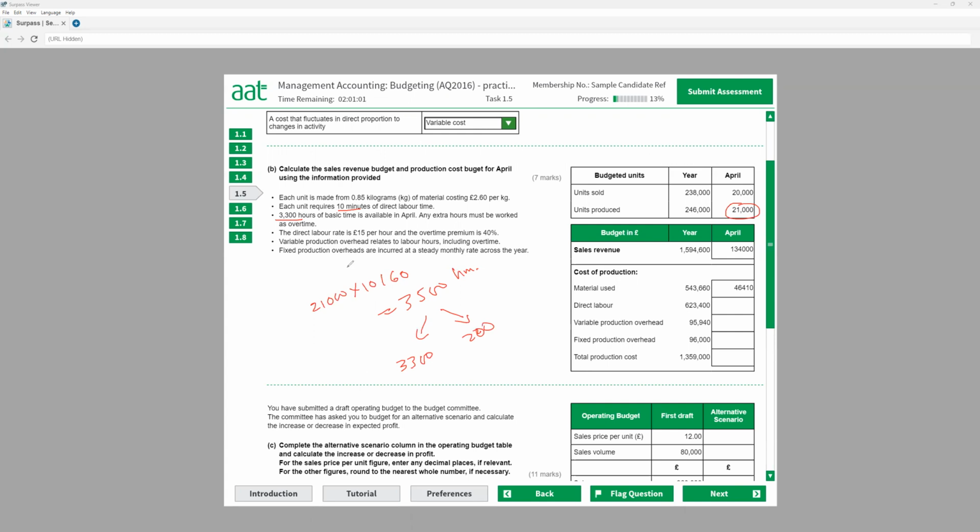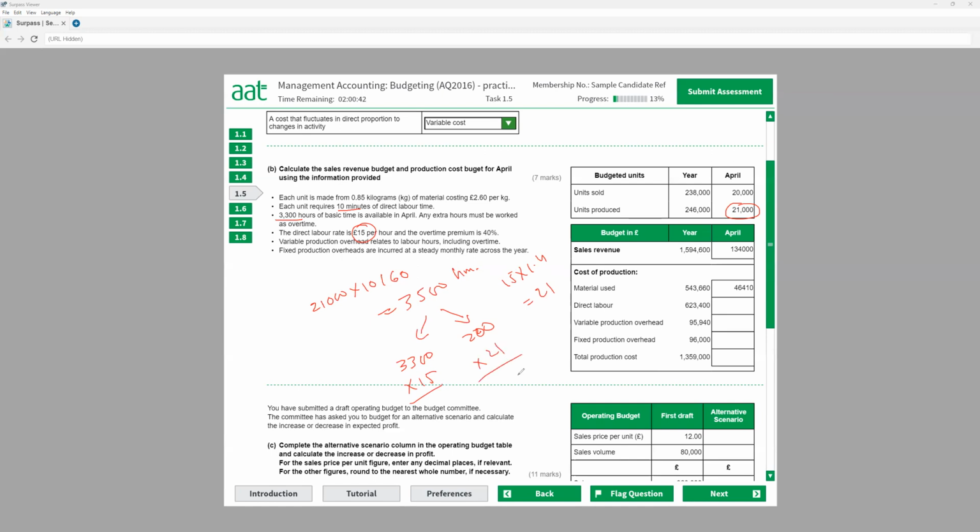Okay. So for the 3,300, the basic rate is 15. And the overtime rate is 15 times 1.4, because 40% extra. That will be 15 times 1.4, which is 21 overtime rate.